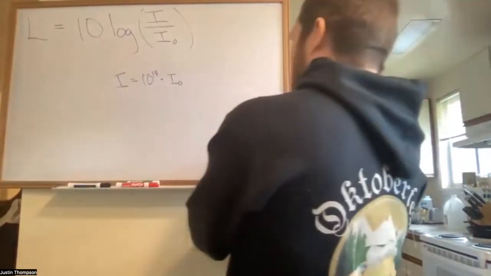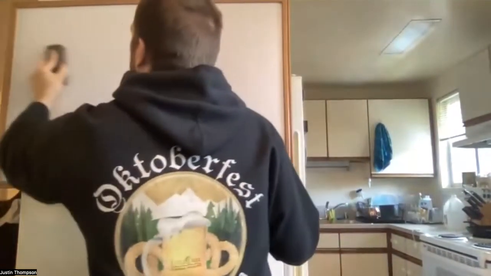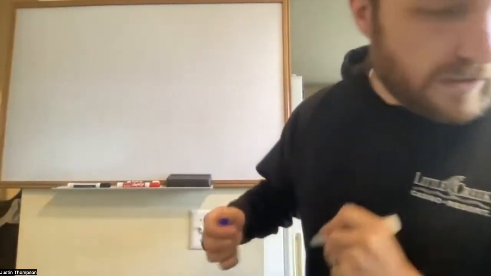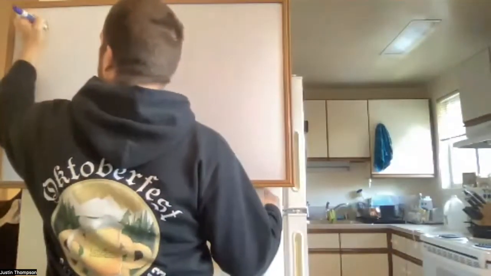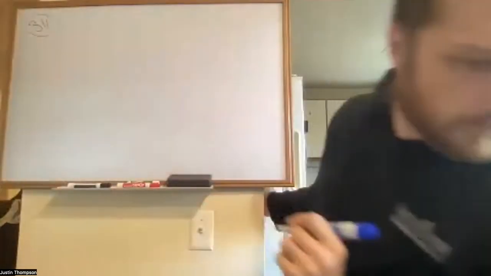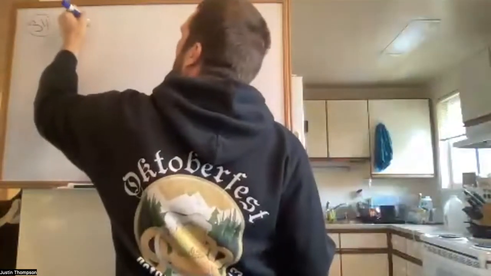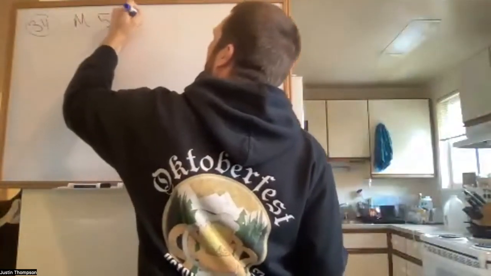The other type of question that you'll have is basically the reverse of this, which is like number 34. It says that an earthquake has magnitude 5 on the Richter scale. And it'll say, what is its intensity?